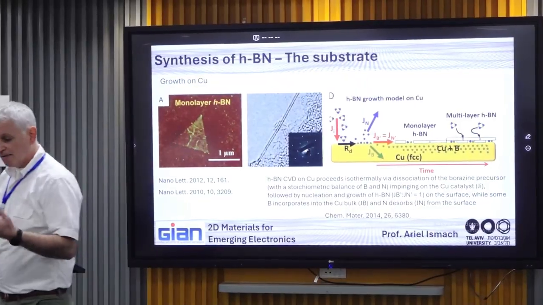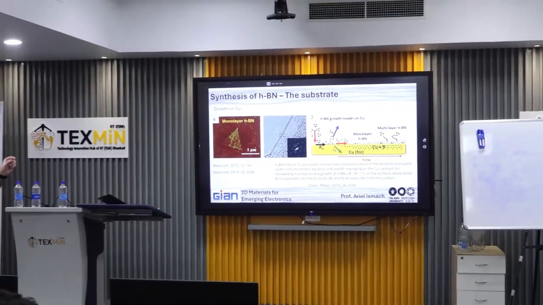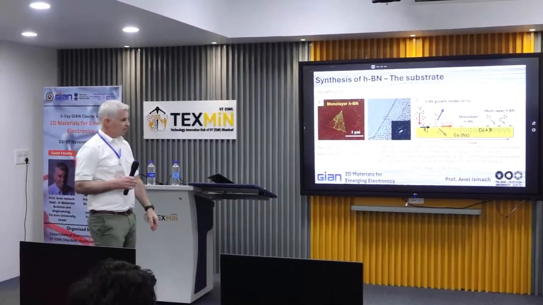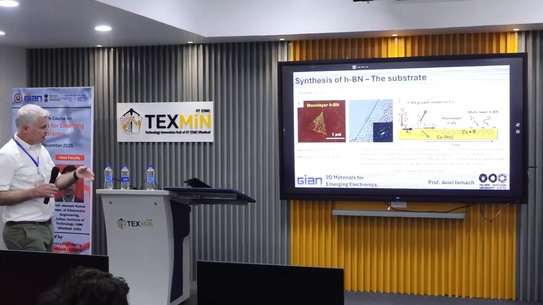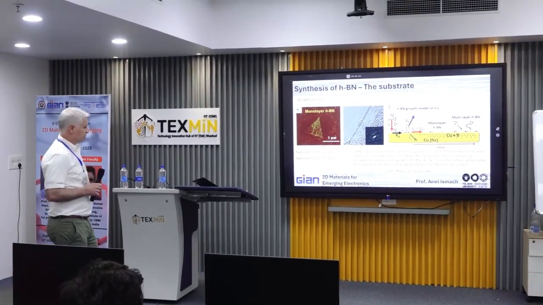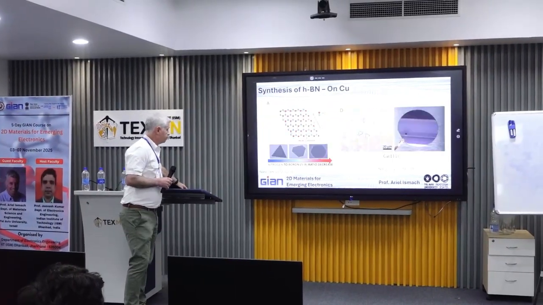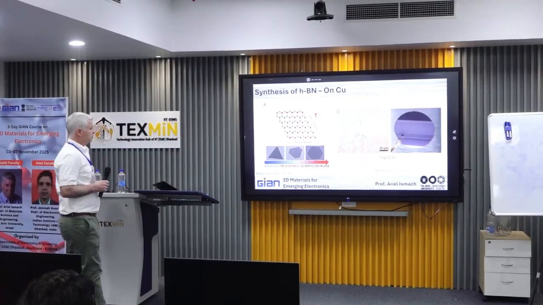Therefore, you often have few layers, unless you really control the parameter window in order to avoid or reduce the boron solution. So again, mimicking the graphene growth.